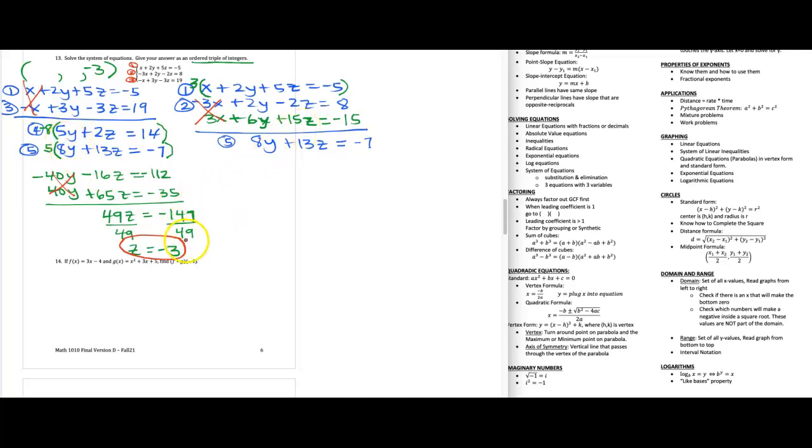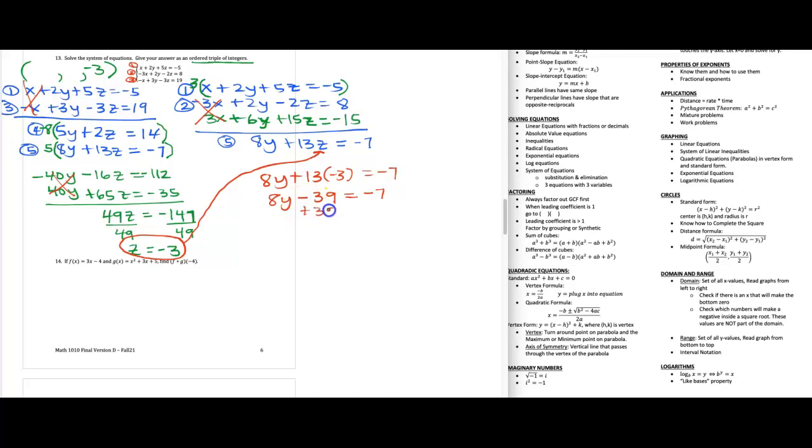I'm going to choose to put it here, just because this guy looks kind of lonely over here. It'll be easiest to show you what I'm doing. So if I do that, I'm going to have 8y plus 13 times negative 3 equals negative 7. And now I'm just going to solve this for y. So 8y minus 39 equals negative 7.